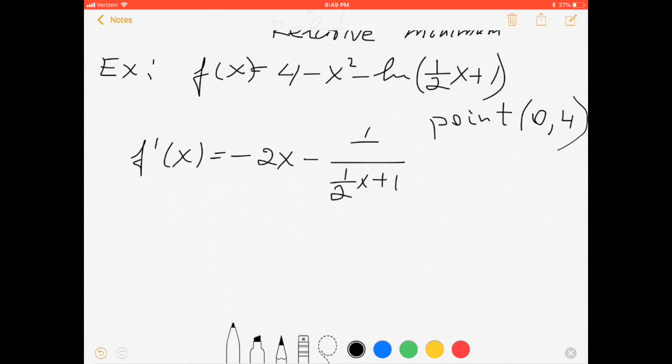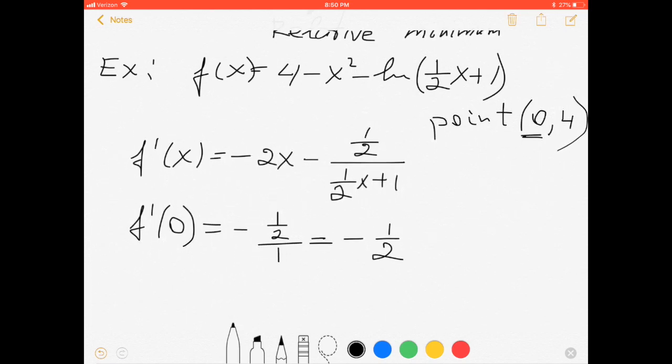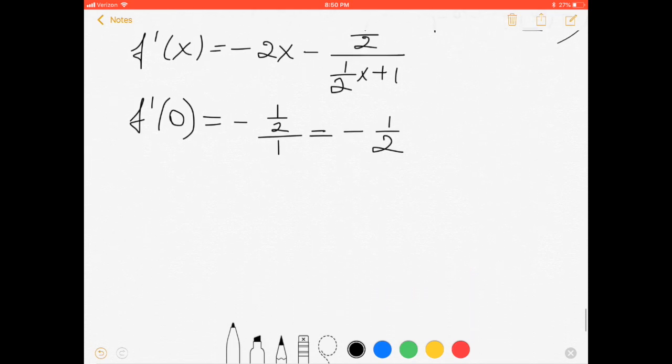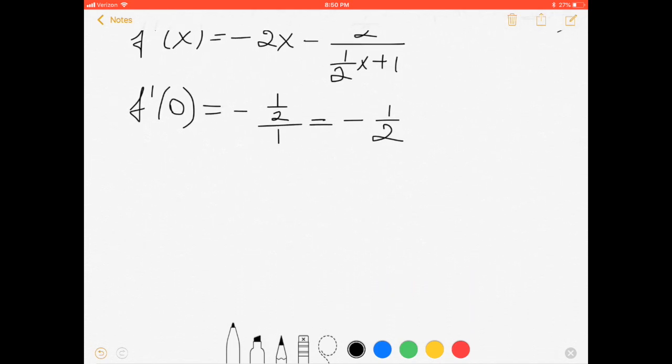The numerator will be 1/2. And the value of the derivative at the point 0, because x is equal to 0 here, will be negative 1/2 divided by 1. It means negative 1/2.